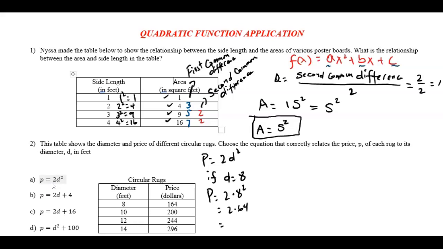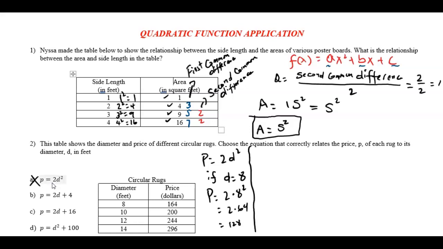So that's 128. When we look at the table, when the diameter is 8, the price is 164. So that means this one is not good. We're going to put a cross on it. Boom, it's out. Let's check the second one.